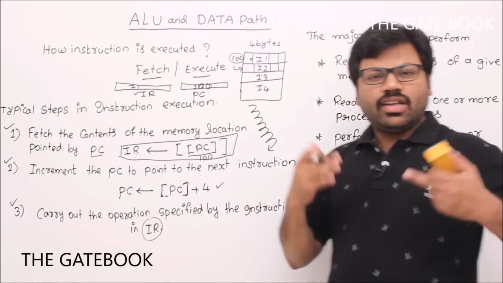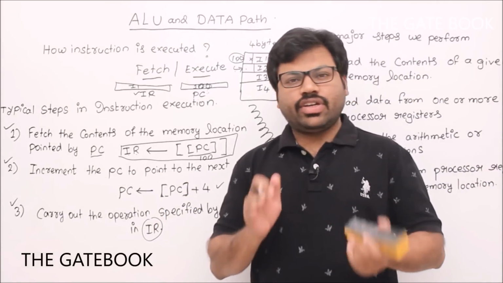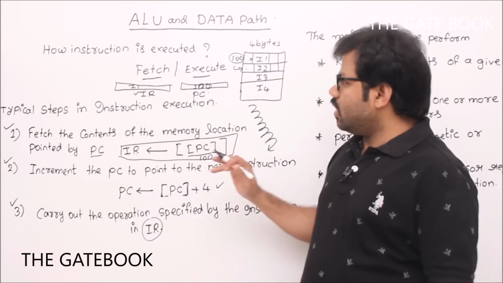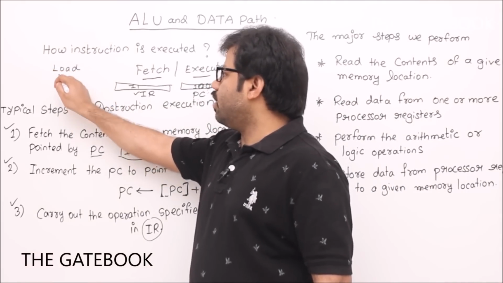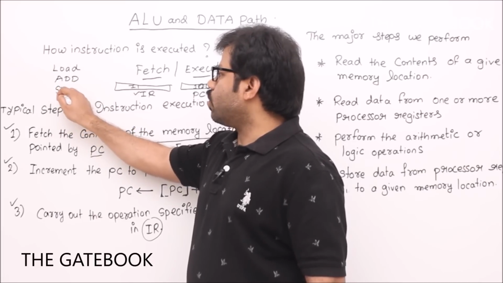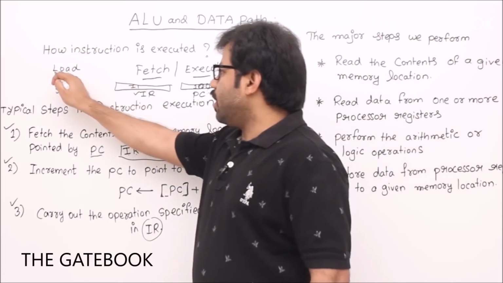Now, sir, what is the meaning of execution generally? Whenever I say we are executing the instruction, most probably in RISC instructions, we will be doing these things. I will tell you. For example, let's say one typical instruction is load, correct? Focus on these three instructions first: load, add, store. In load, what are you going to do? Let me write load first.